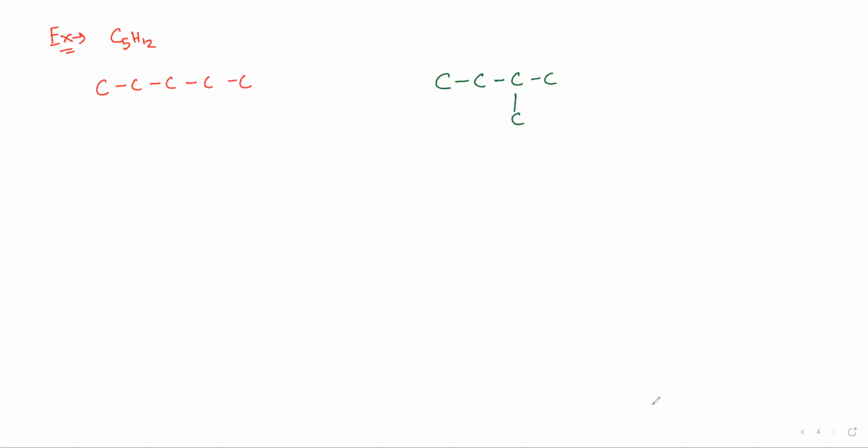Another one I can write like this: C, C, C, and 2 carbons are at the middle position as branch. Okay, now fill up hydrogen. Here it will be 3, 3, 3, 3.